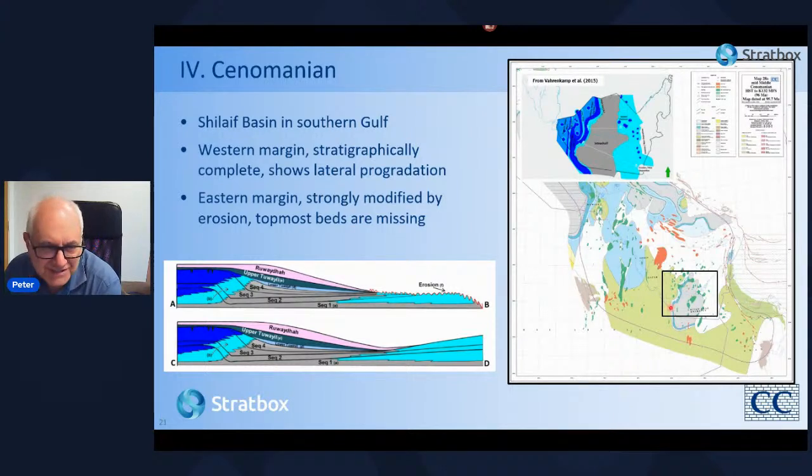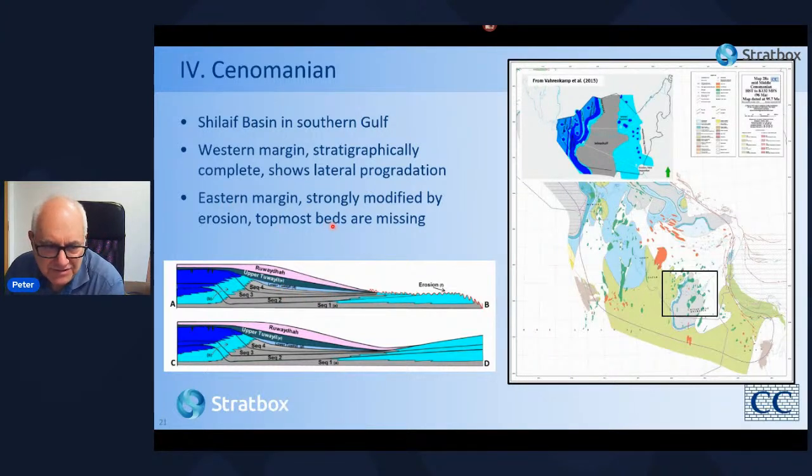The Bab Basin changed its name during the Cretaceous, so it's now called the Shilaif Basin. The western margin is stratigraphically more or less complete and shows nice lateral progradation with the usual facies development of rudist grainstones and patch reefs at the shelf margin, passing down dip into lower energy facies with poor reservoir quality.